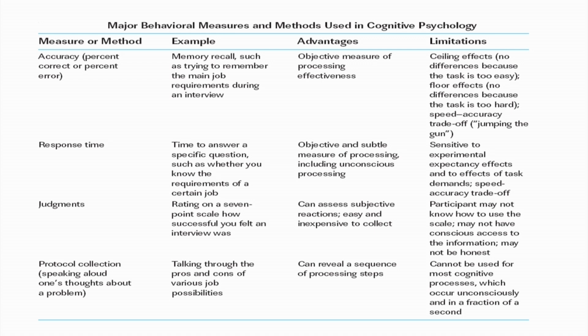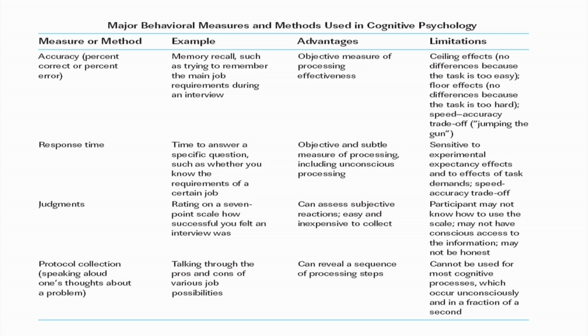The method of accuracy. In this method, a very good example to look at is item recall, or memory recall for an item, such as remembering particular job requirements or a particular task. The advantage is this: it gives an objective idea of the processing effectiveness, how effective is the mental mechanism which is processing that particular event.